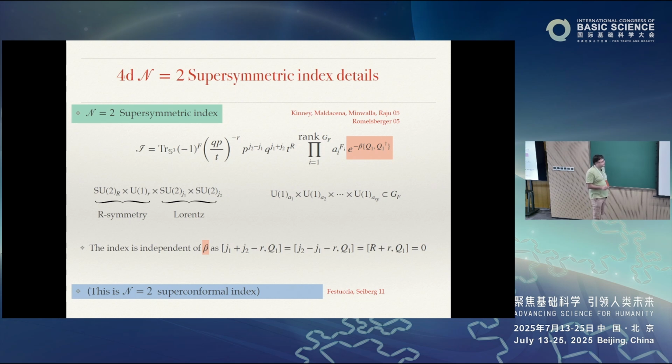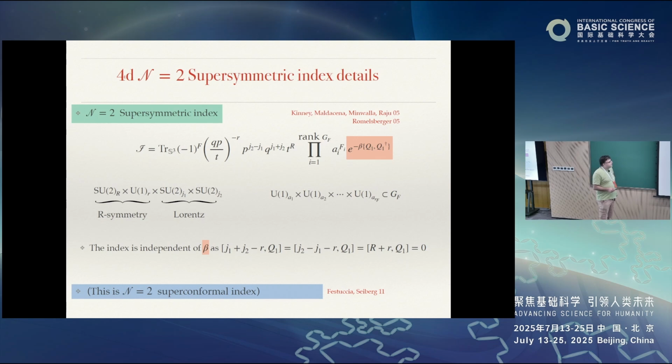So you have the Cartan generators of this group that you can play with, and also you have the scaling dimension of various operators. And you're coupling these symmetries to some fugacities, Q, P, and T written here. And importantly, you turn on this e to the minus beta Q dagger term in the definition of the index.